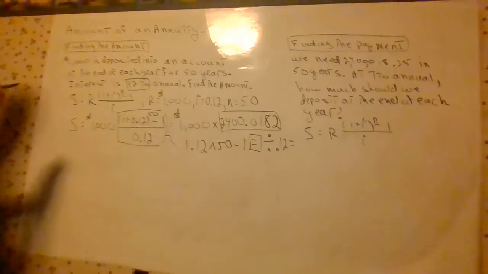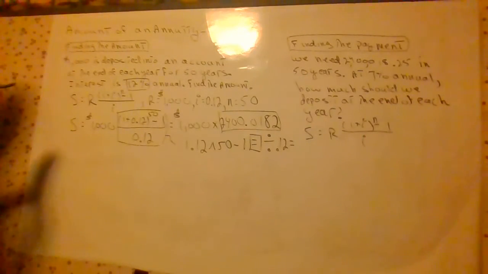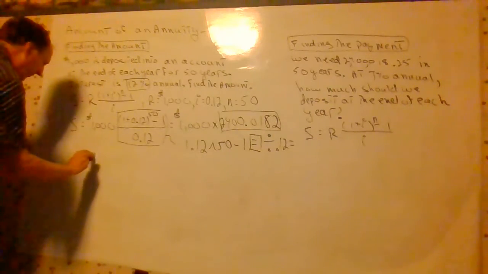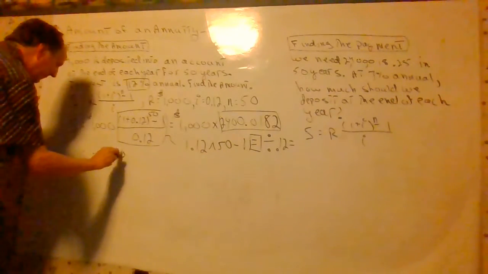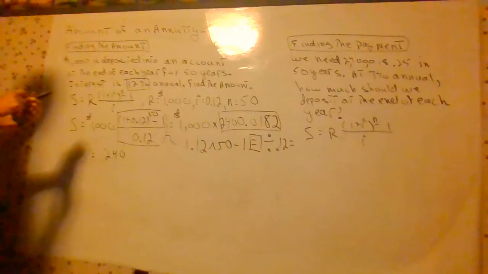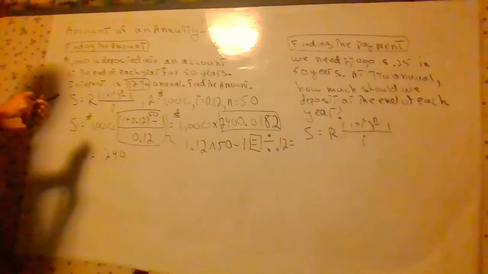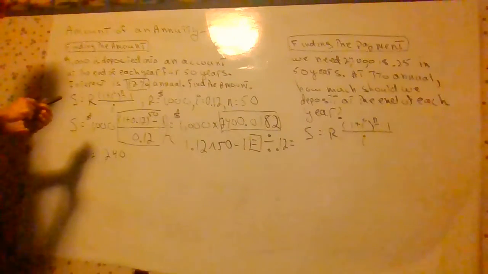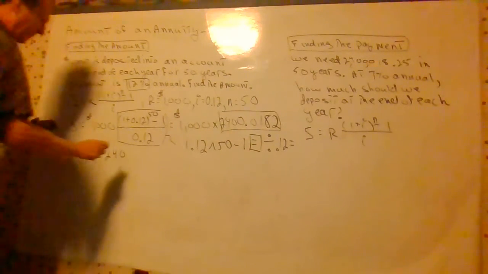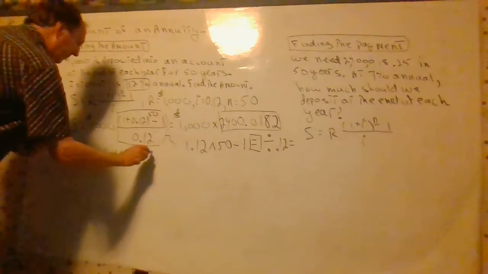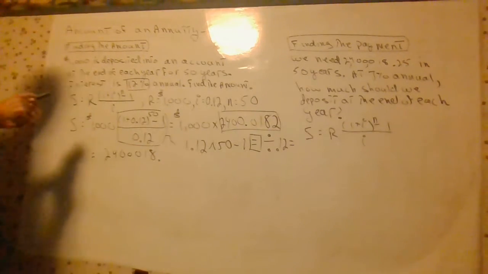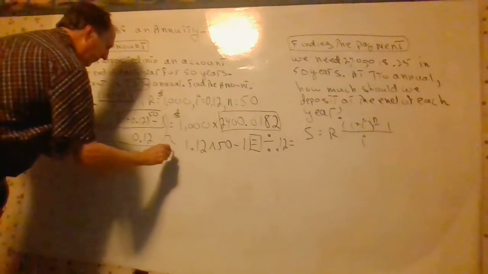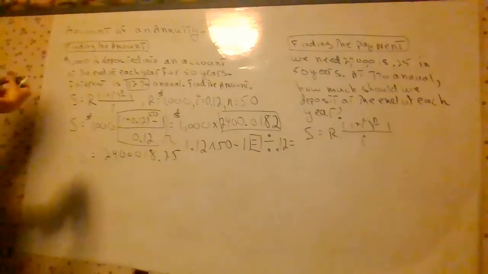Now we're going to do that times 1,000, and we get an amount of $2,400,018.25.